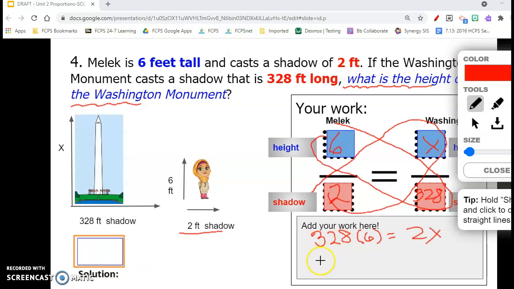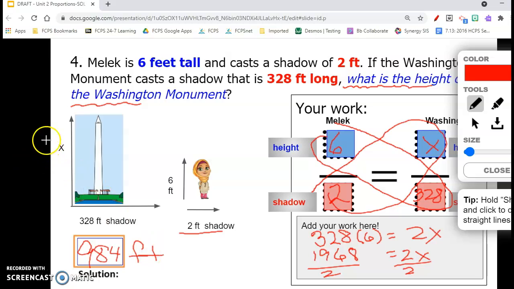That gives us 1,968. And we're going to divide both sides by that coefficient, which is 2. 1968 divided by 2 gives us 984 feet. That's the actual height of the Washington Monument.